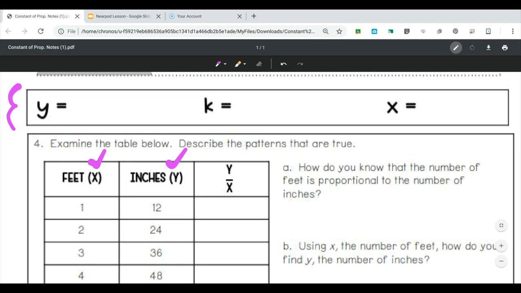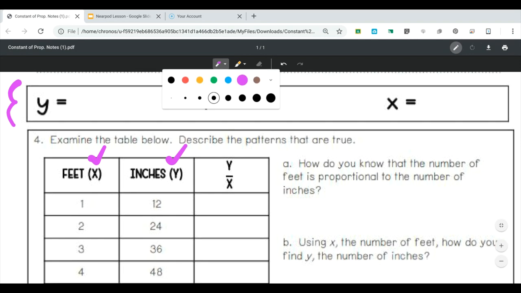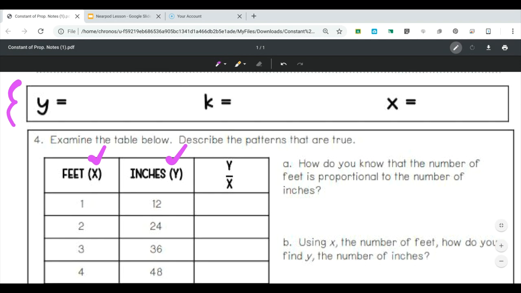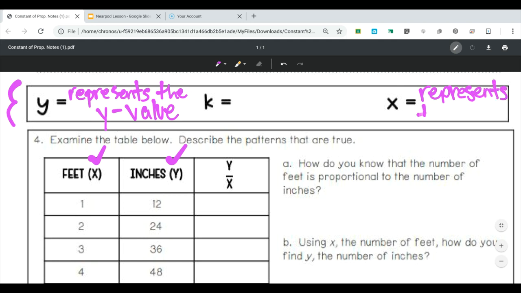So Y represents the y value. So that should be easy to remember. X represents the x value.